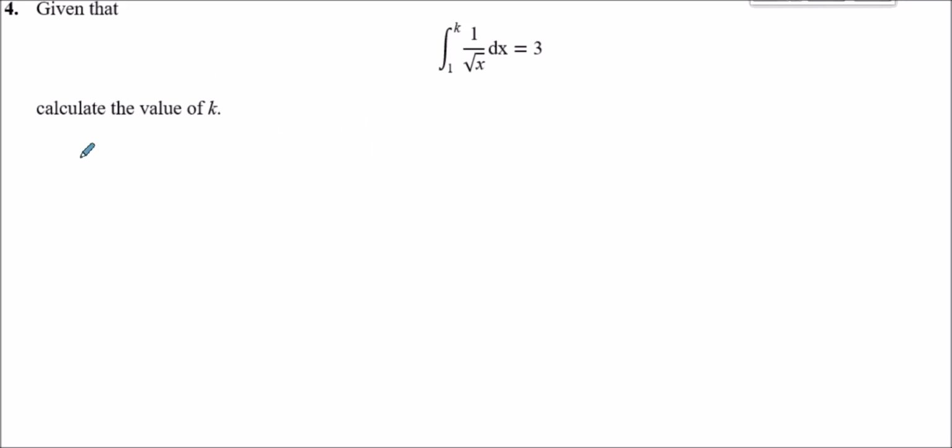So first of all, between k and 1 of the reciprocal of root x dx, I'm going to say that the reciprocal of root x is x to the power minus a half. Okay, root x is x to the half. The reciprocal of that will be the same power with a minus sign, or the opposite sign at least.